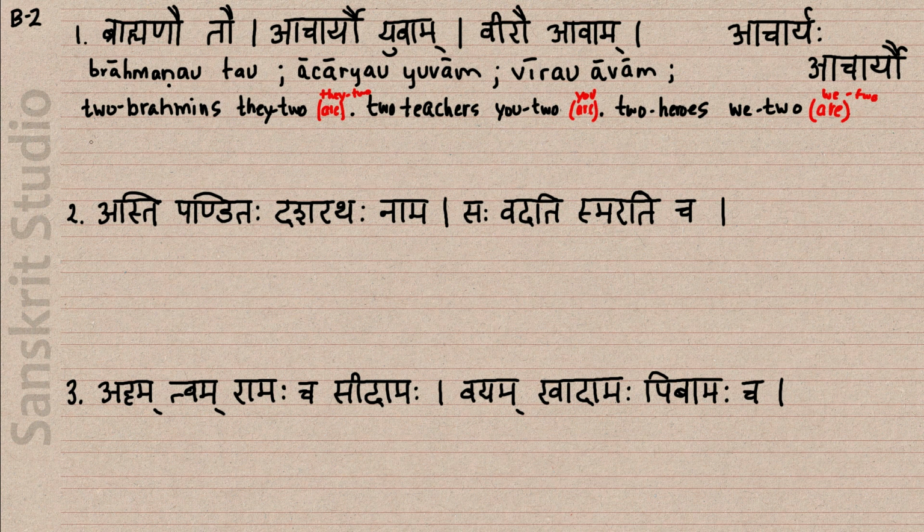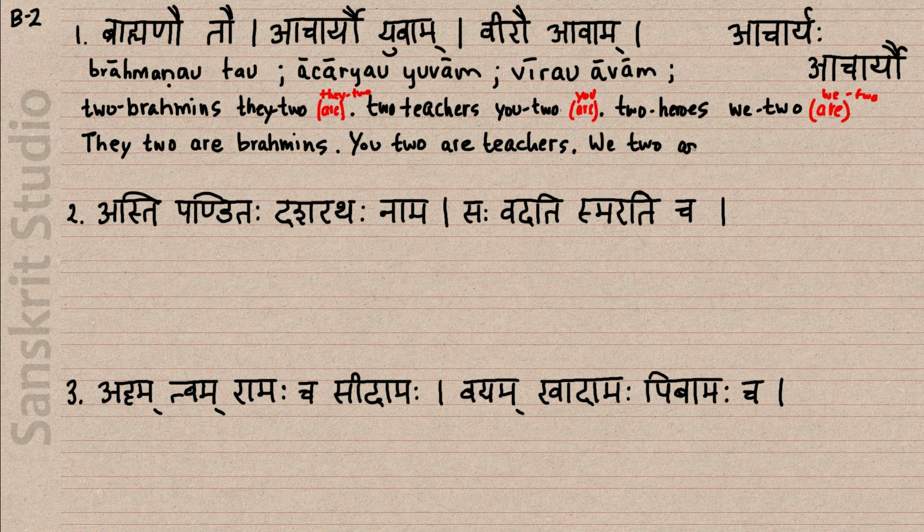My best guess would be that we would start the sentence in English with they two or those two, and then we put our copula here, are Brahmins, and the same here with the next one, you two are teachers. And similarly, we two are heroes.